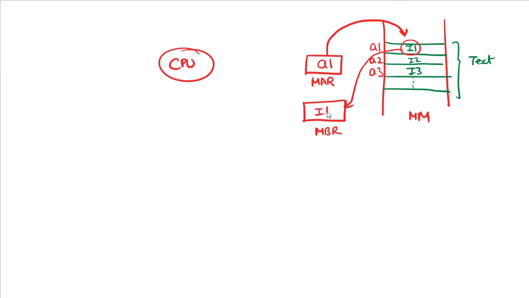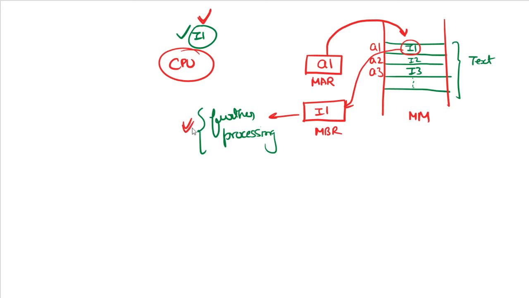So I1 is here in MBR, and further processing will happen. Let's suppose the CPU is done with instruction I1. The CPU has fully executed it, and the entire processing is now complete.